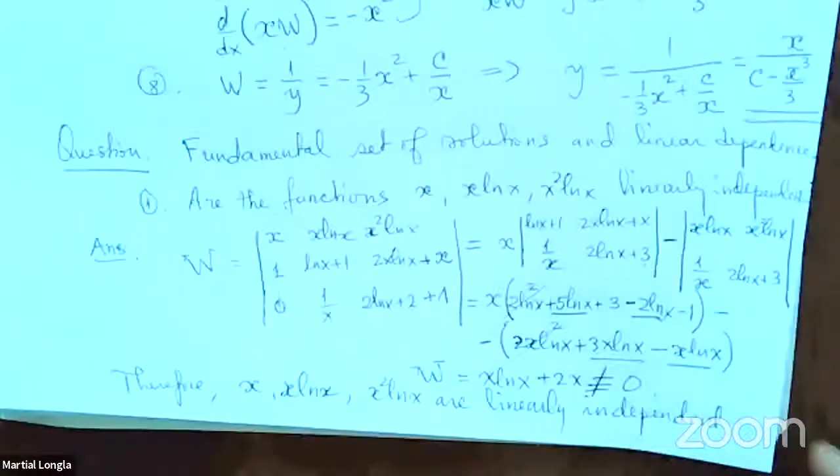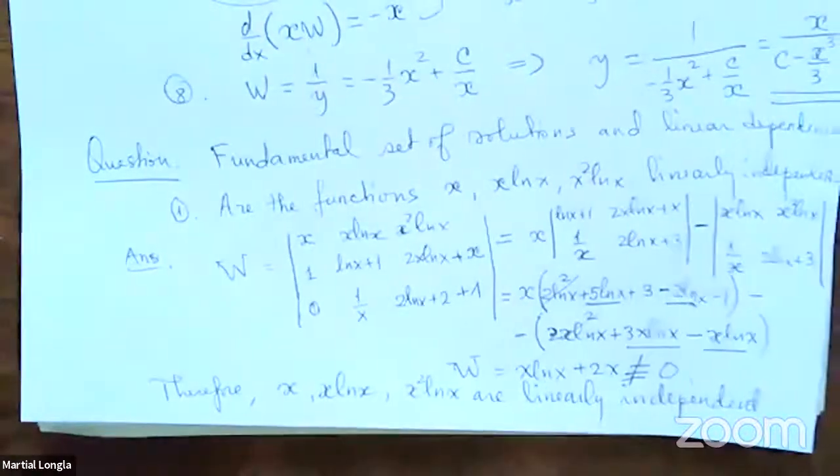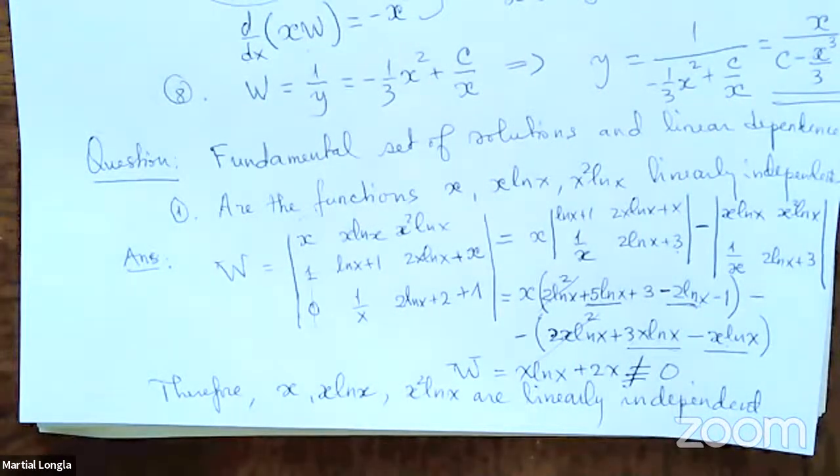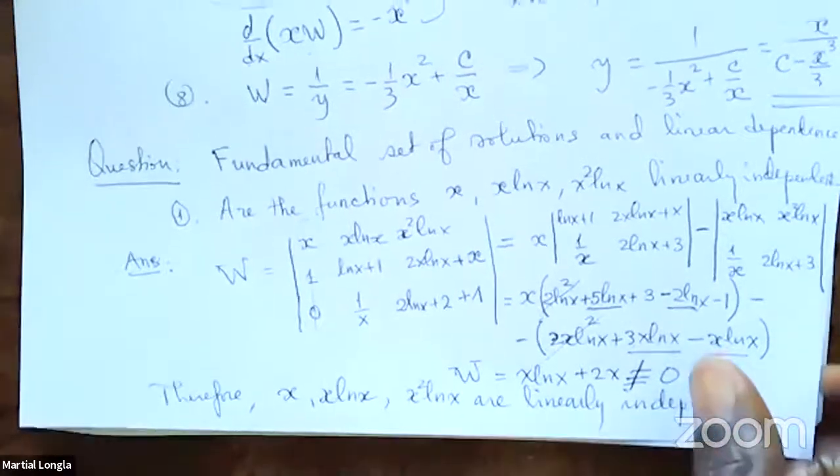All right, and so this question could have two parts. You could be asked if you have linearly independent functions, and then separately, I might ask you, do the following functions form a fundamental set of solutions of a given equation?